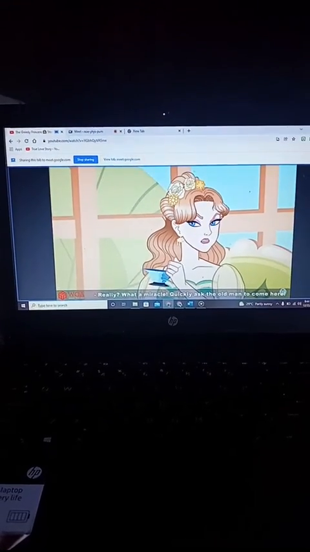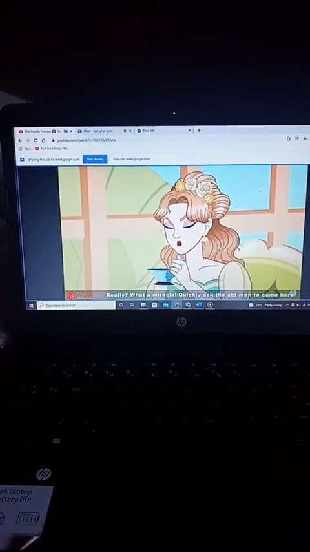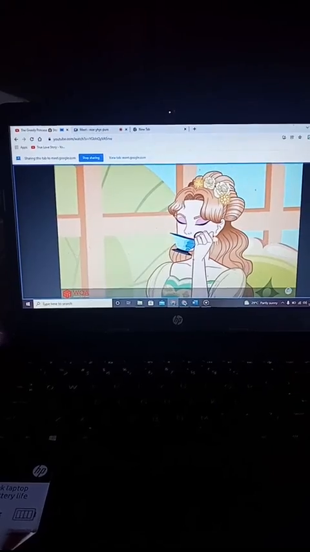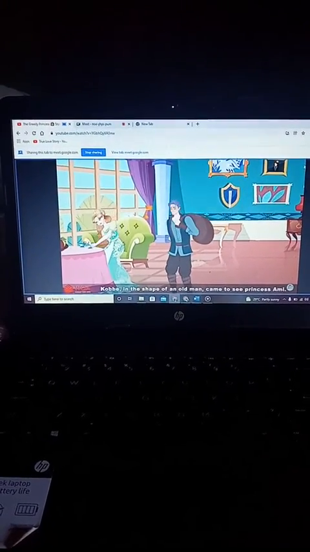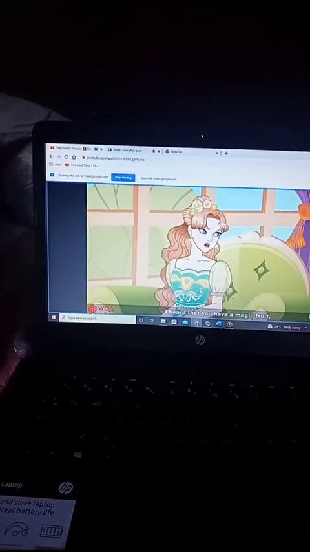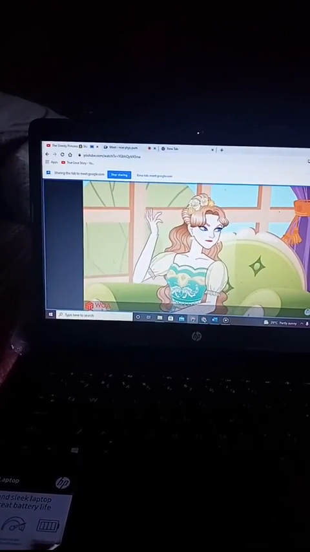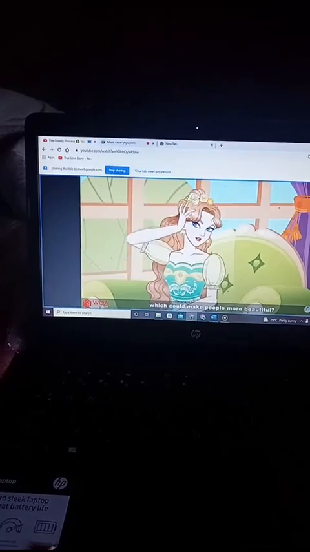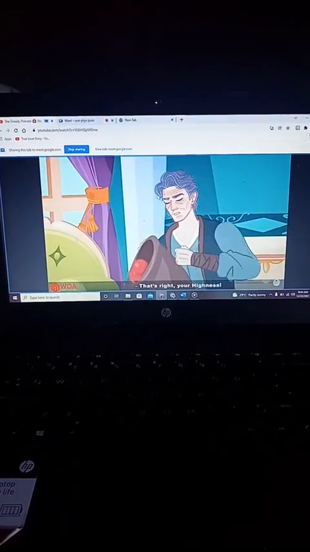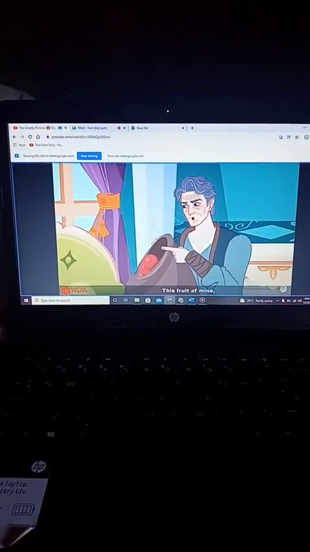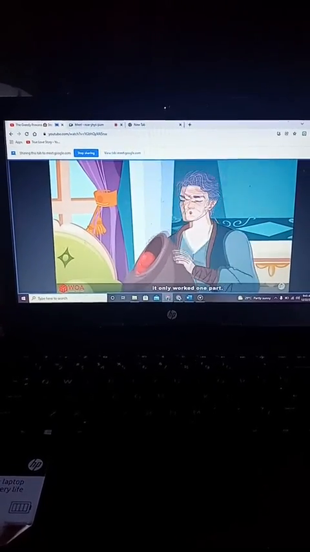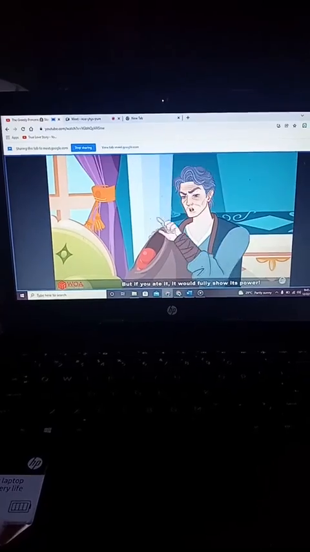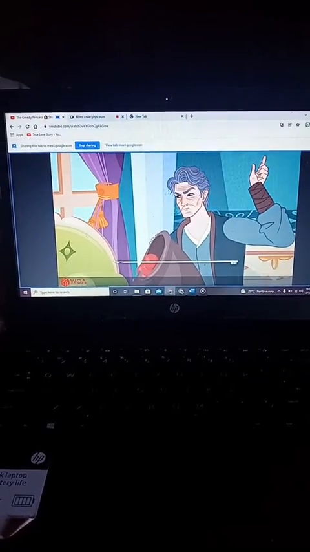Really? What a miracle! Quickly ask the old man to come here! Kobe, in the shape of an old man, came to see Princess Ami. I heard that you have a magic fruit, which could make people more beautiful. That's right, Your Highness. This fruit of mine, if you took its water and applied on the face, it only worked one part, but if you ate it, it would fully show its power.